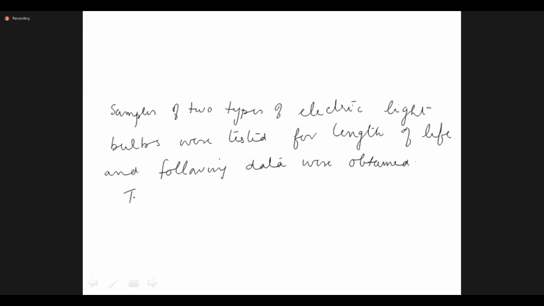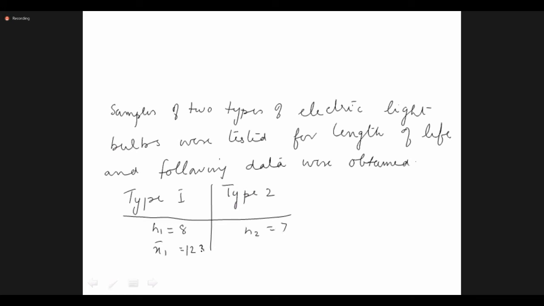So type 1 and type 2, two sets are there. N1 is 8, N2 is 7, X1 bar is 1234, X2 bar is 1036.